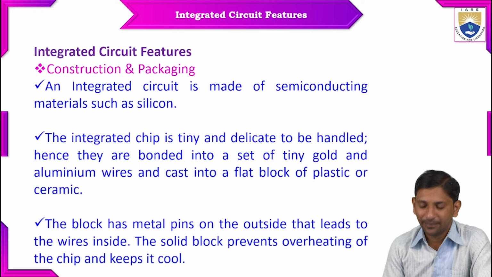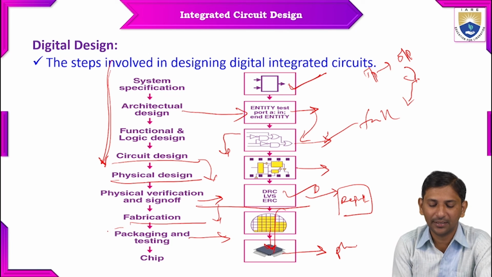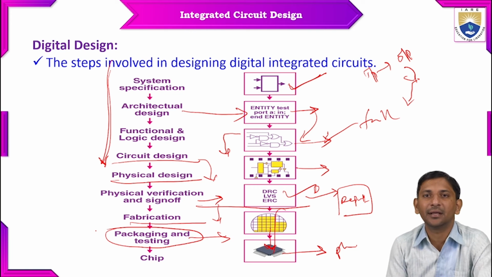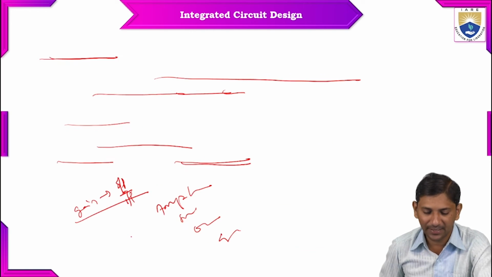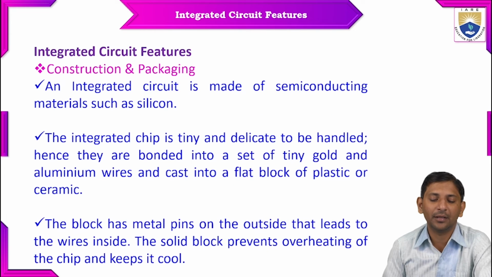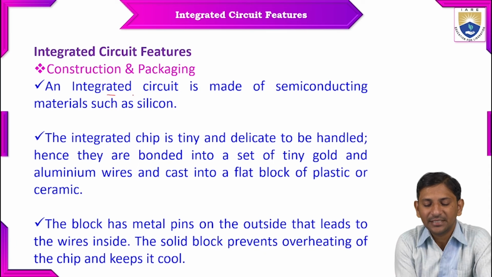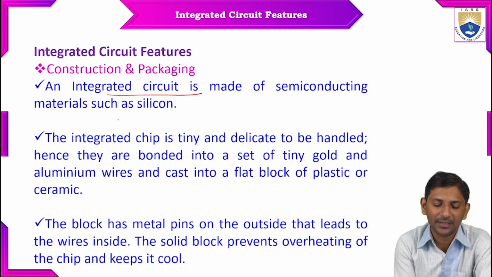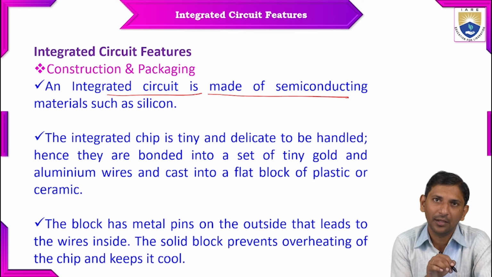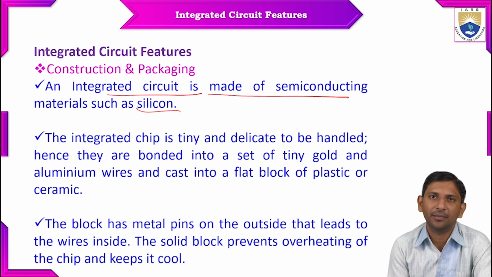And construction and packaging. Just now we have seen this in digital ICs method. You can see here the packaging and testing levels, the construction design, the fabrication process. These steps take place in such a way that you design this integrated circuit using semiconductor electronic components, active and passive. So it will be made up of active and passive semiconductor components, which are silicon or germanium.